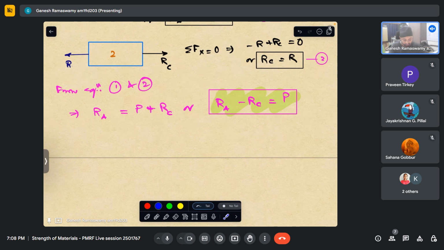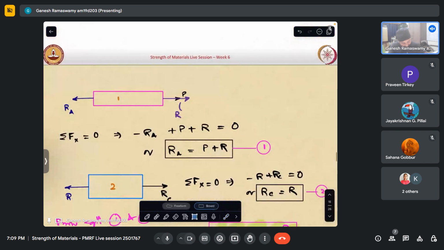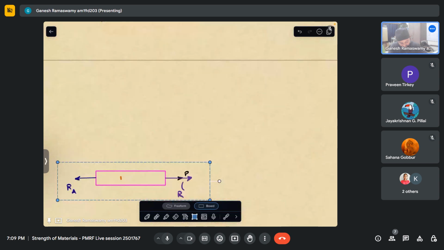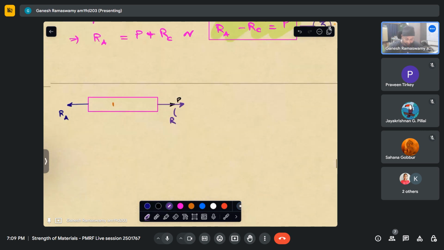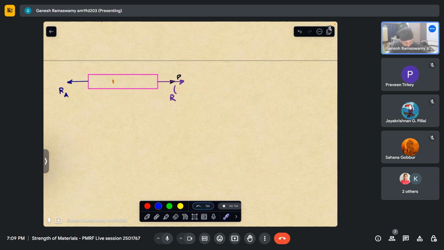So let me take the same case, the same body, body 1, and let this hold for the time being. Let this be equation 3. All right.